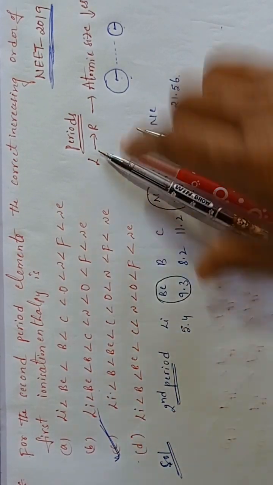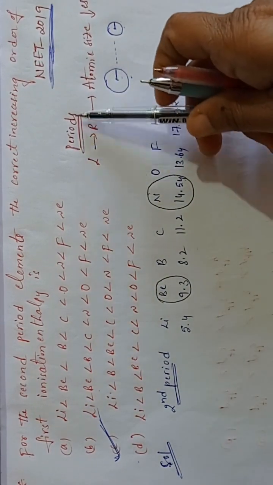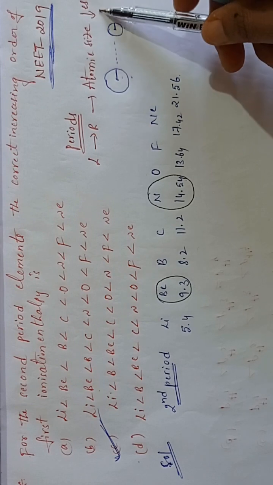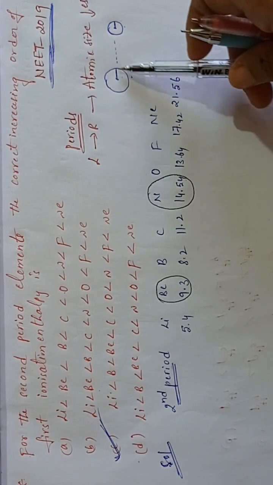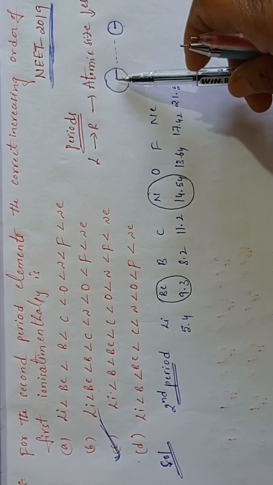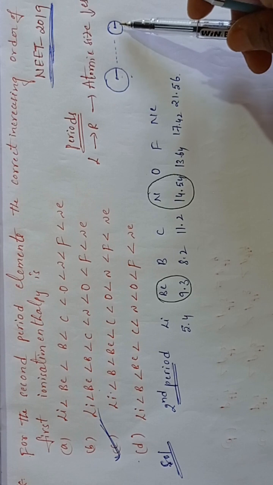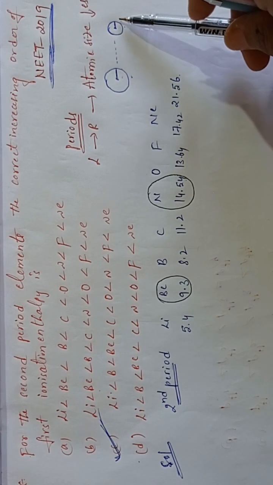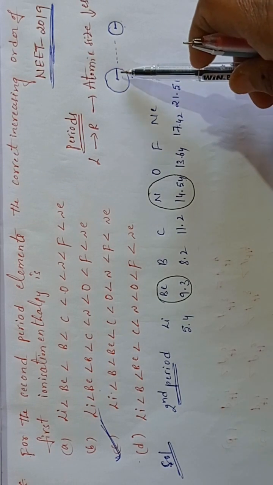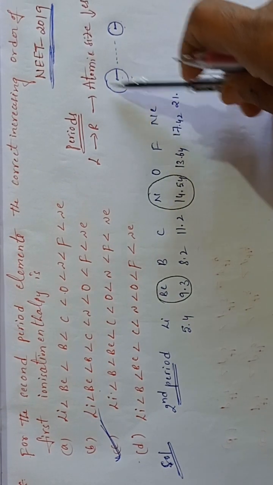Okay, so from left to right, what is happening in the case of second period elements? Now see here, in periods from left to right, atomic size decreases. That means big to small. In a bigger size atom, nuclear attraction is less on the valence electrons. But in smaller size atoms, the nuclear attraction is more on the valence electrons. So that's why we can easily remove the electron from the outermost shell in the case of bigger size atoms.